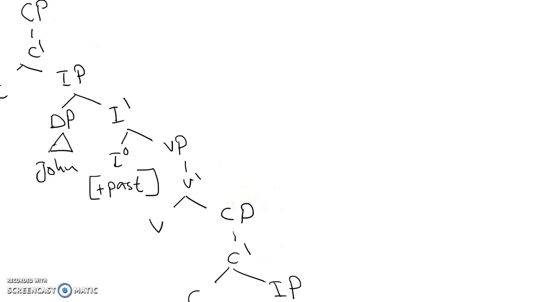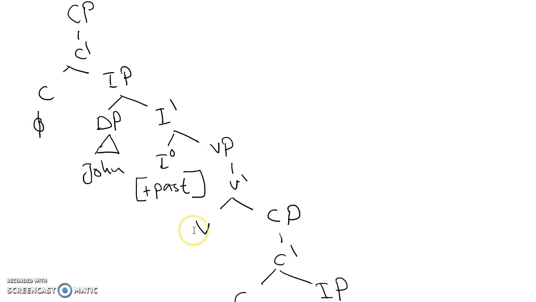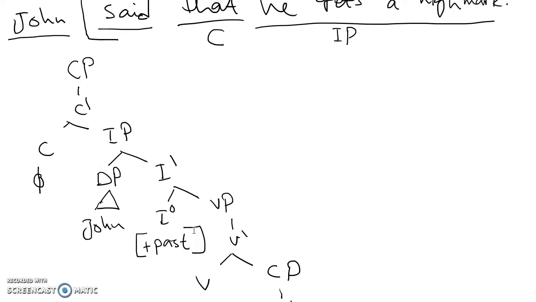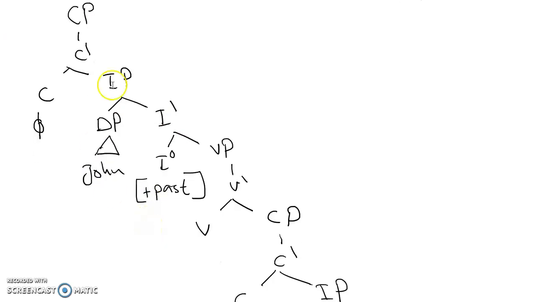By the end of this analysis, we can see that the tree starts with a CP at the beginning, but since we don't have a complementizer at the beginning, the C is left empty. And then we have the IP, which starts with said something. Now, we've got the subject, which is John, and here is the beginning of said something.